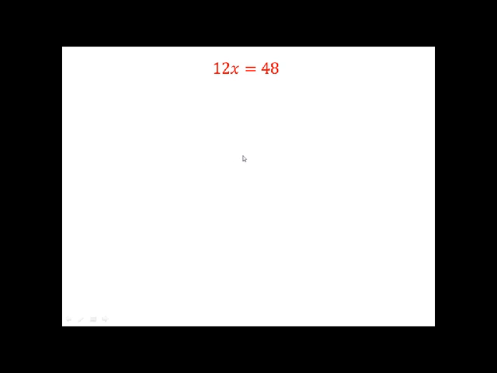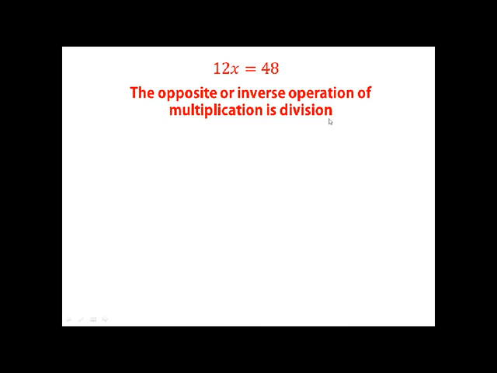Now here's another equation. This time we're going to use the opposite operation, correct? So here's 12x, right? We're multiplying the variable by 12, and it equals 48. Okay. So now remember, the opposite or inverse operation of multiplication is division, correct?